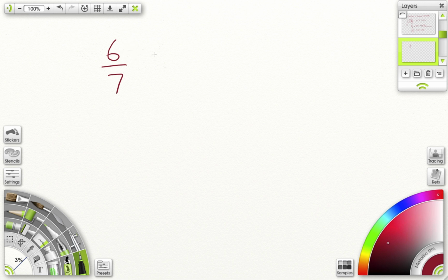So I take 6 and divide it by 7, which gives me 0.86, and that's rounded. What I do with this 0.86 is you multiply it by 100. So 0.86 times 100 gives me 85.7.